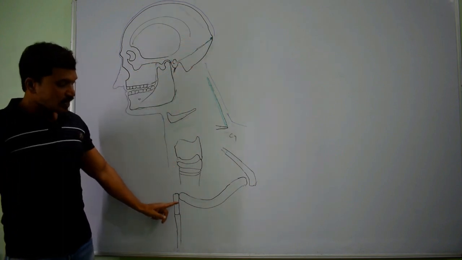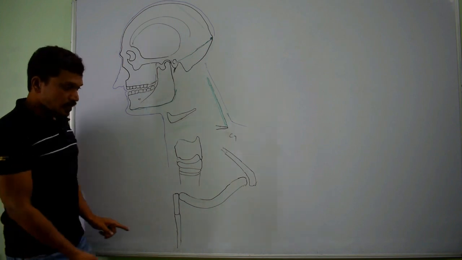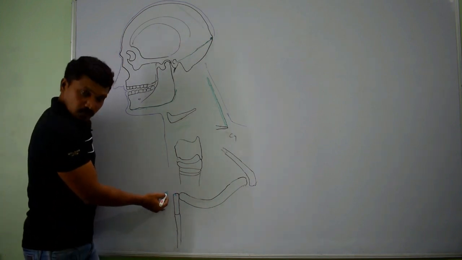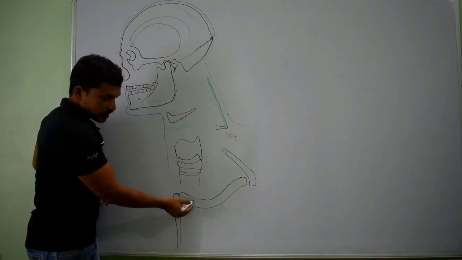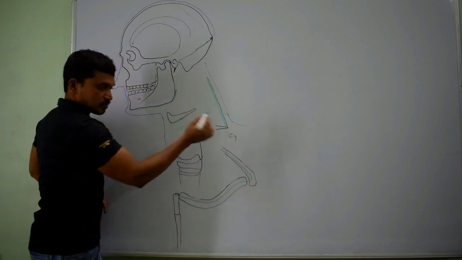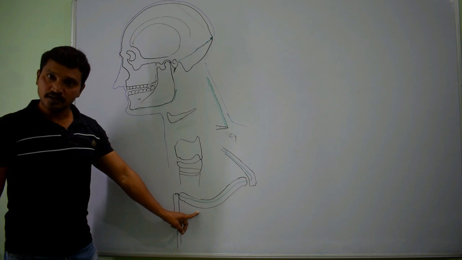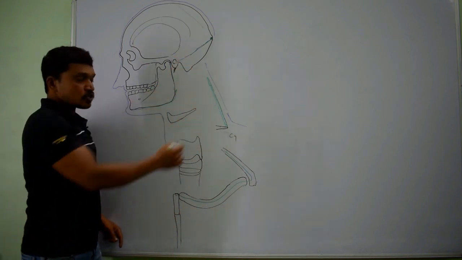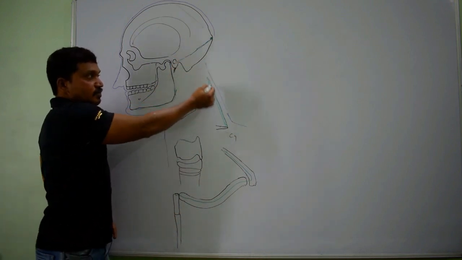Then, where does it attach inferiorly? Inferiorly, what is this? Manubrium sterni, clavicle, then acromion process, spine of the scapula, right? Then, posteriorly, what is this ligament?